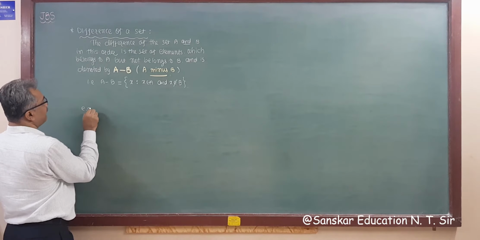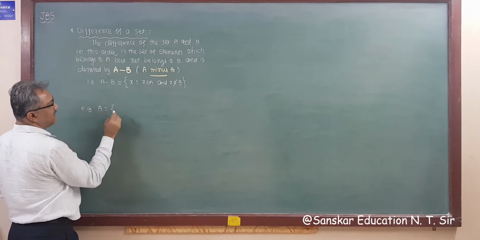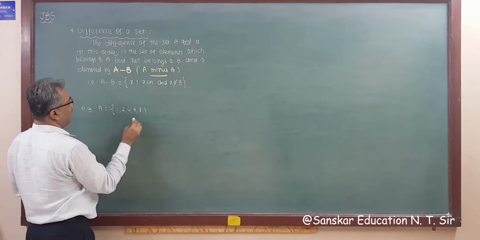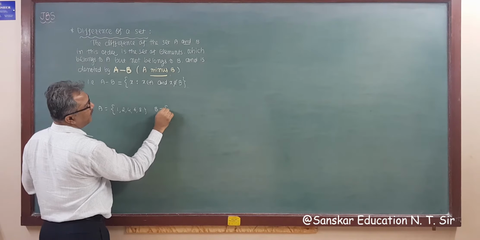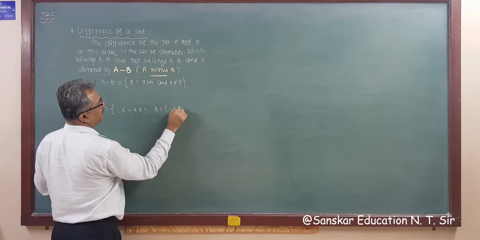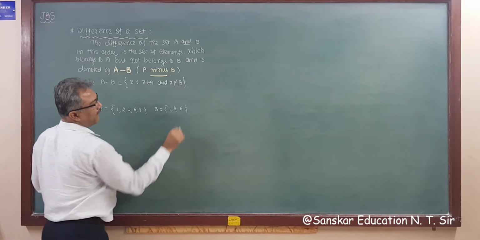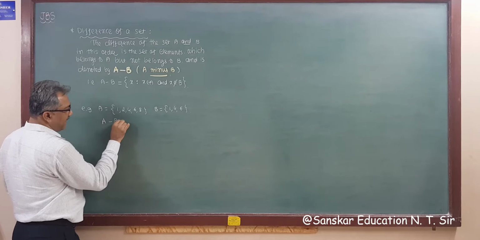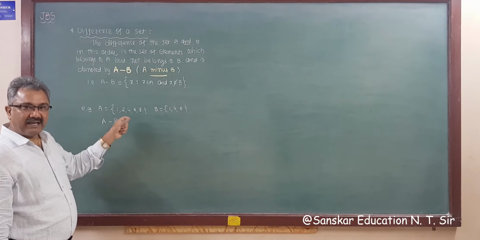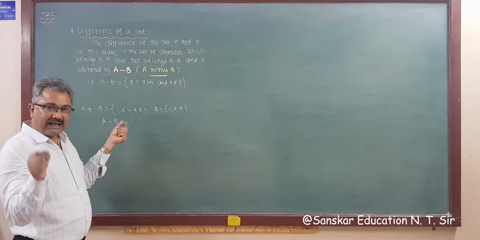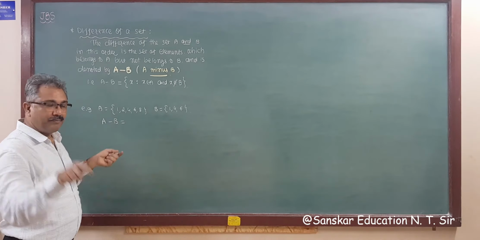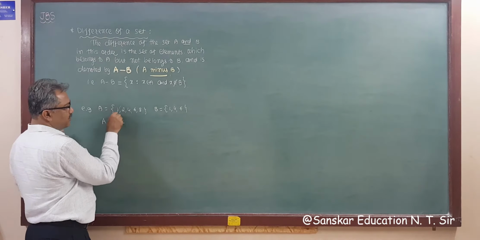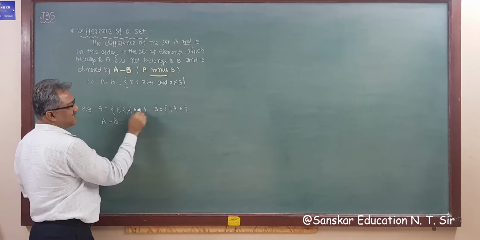Suppose, for example, A is equal to {1, 2, 4, 6, 8} and B is equal to {1, 4, 6}. Then A minus B means the set of elements which are in A but not in B, so you have to delete all elements of B from A. So 1 is here, you have to delete; 4, you have to delete; 6, you have to delete.